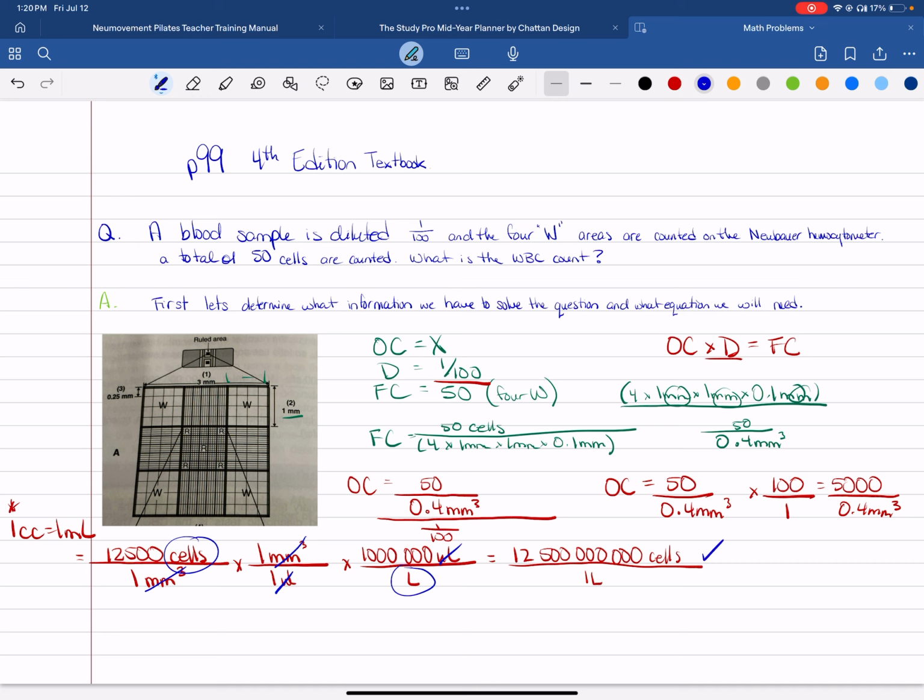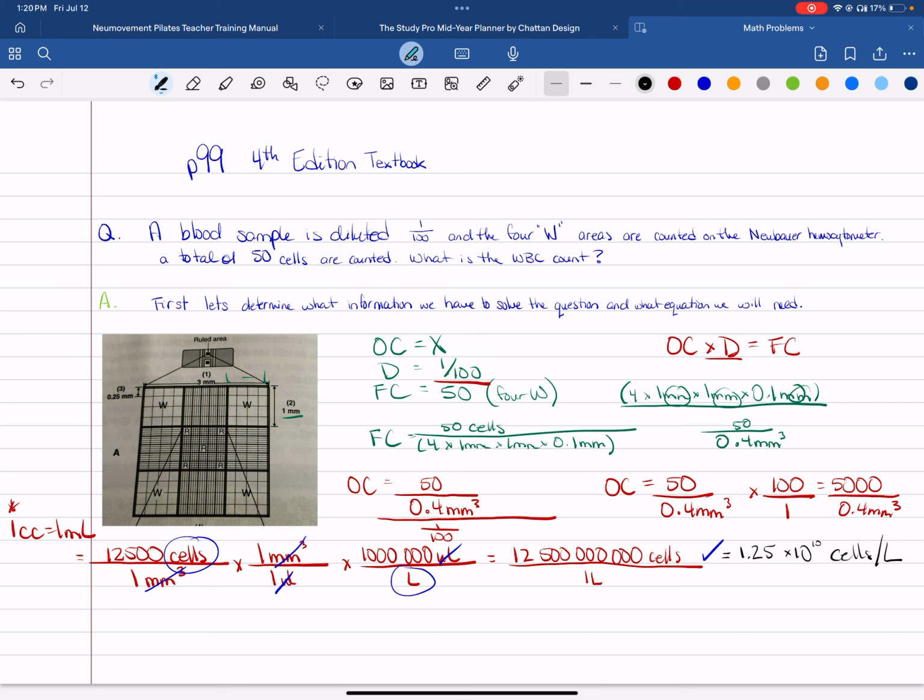Now again, because this is very hard to report and takes a long time to write out, we can simplify it. You wouldn't be wrong to leave it as it is, but there's nothing wrong with simplifying it into 1.25 times 10 to the 10th power cells per liter.